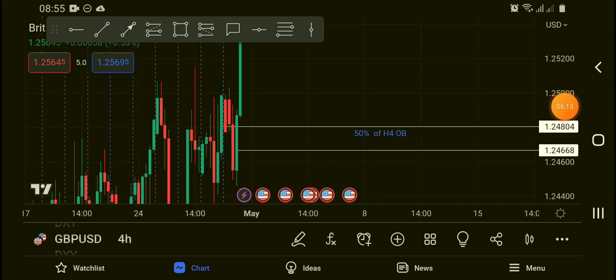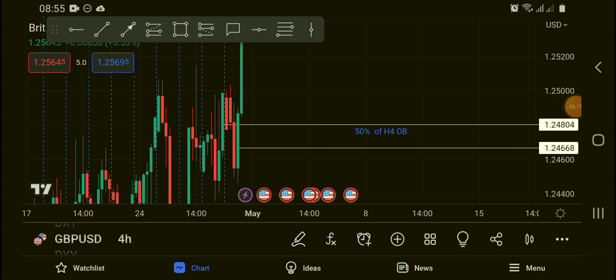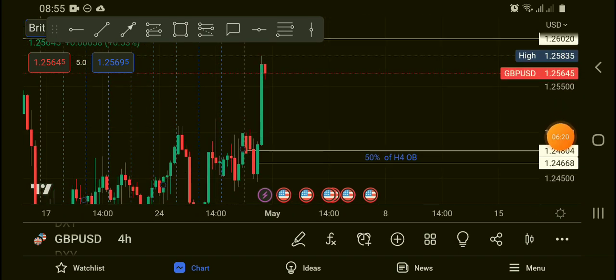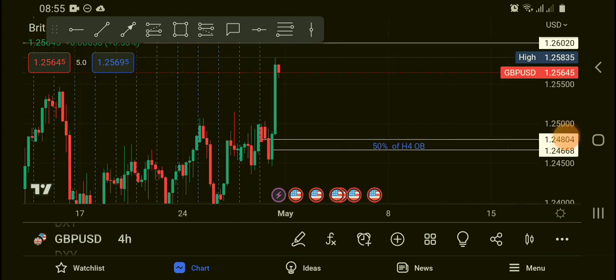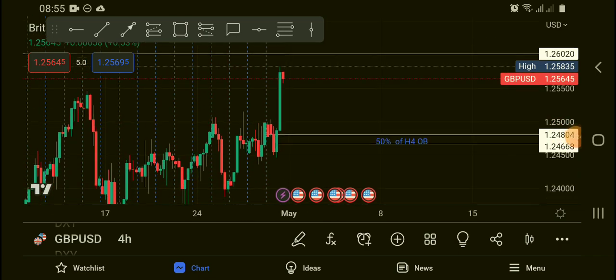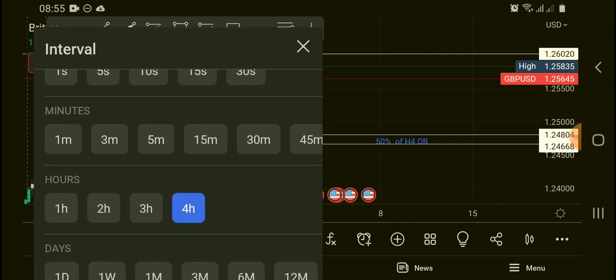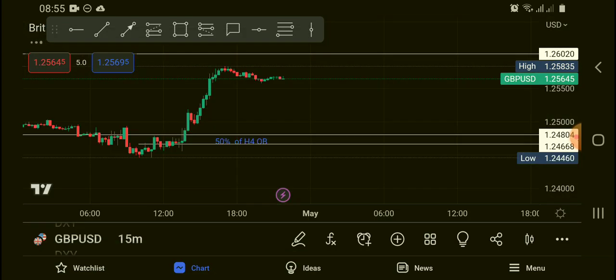So this is the 50% of the other block, which of course I've marked out. So on Monday or Tuesday, we should be expecting a price retracement to this 50% zone. And once price retraces to that 50% zone, we should be looking for entry points.